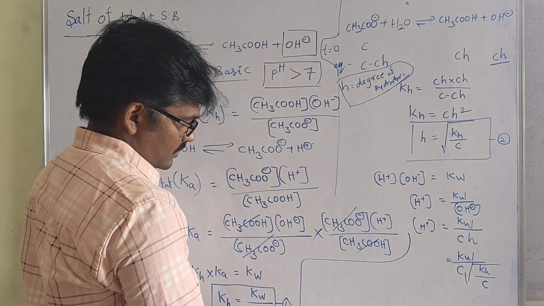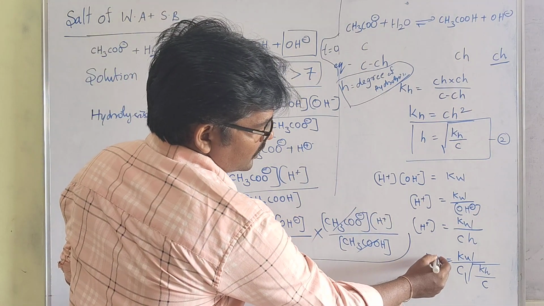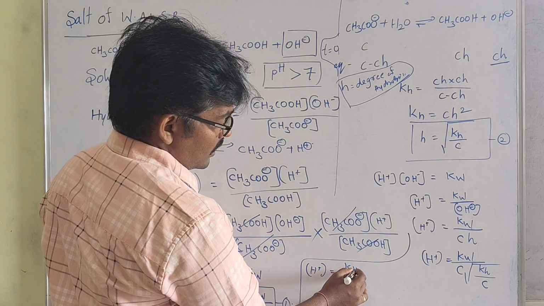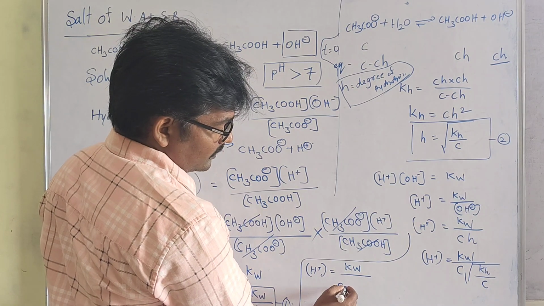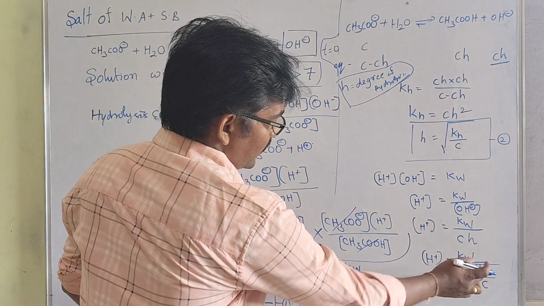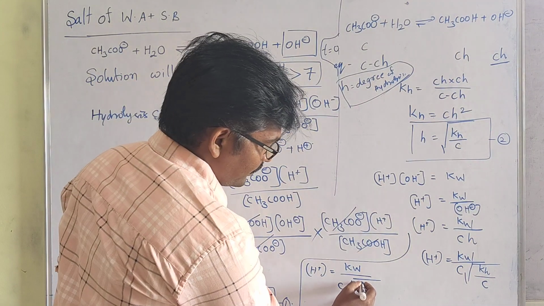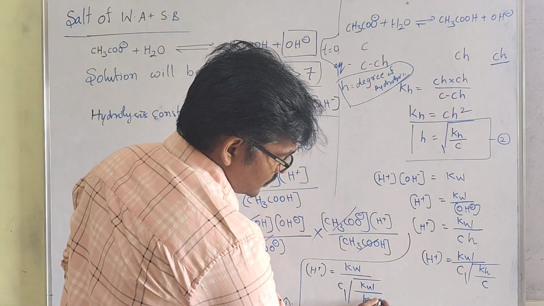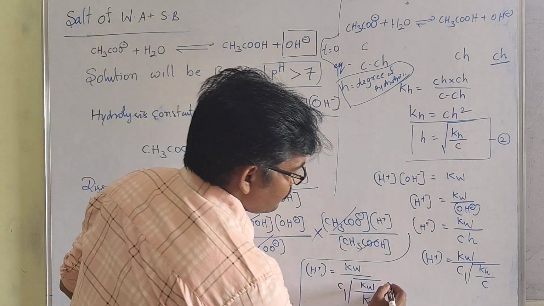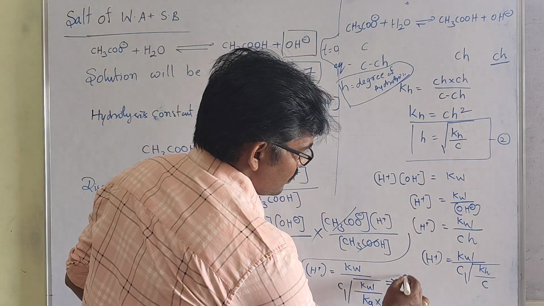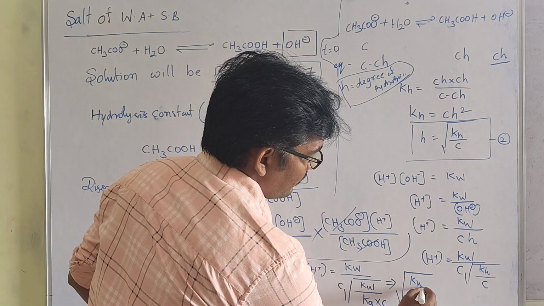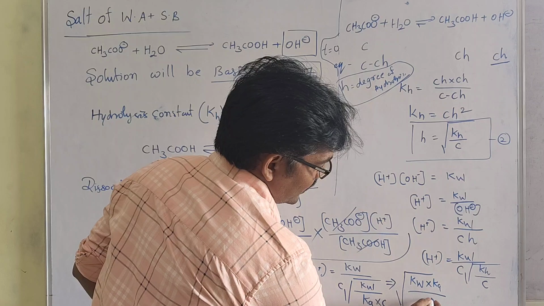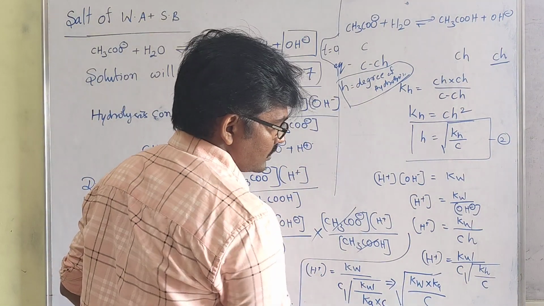Yes, are you getting my point, my dear students? This part I'm going to write here. So H plus ion concentration is equal to Kw divided by C, then square root of, in place of Kh, I'm writing Kw divided by Ka into C. From this, finally you can get the square root of Kw into Ka divided by C. This is the H plus ion concentration.